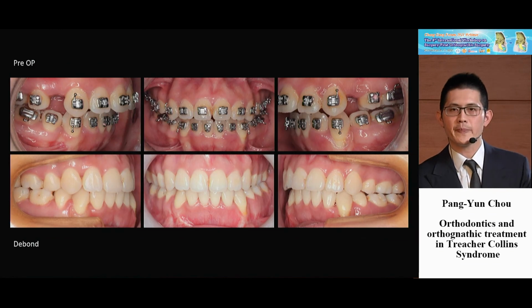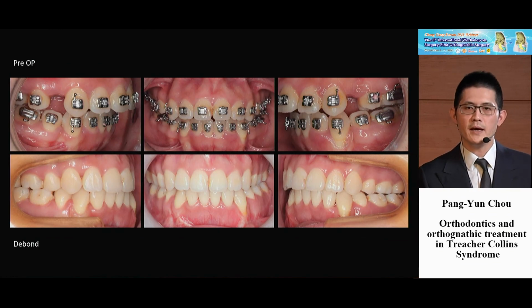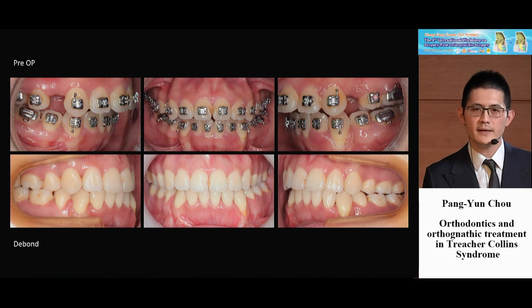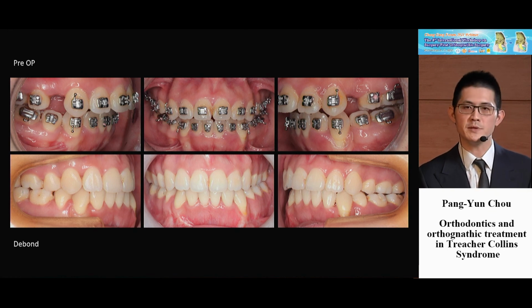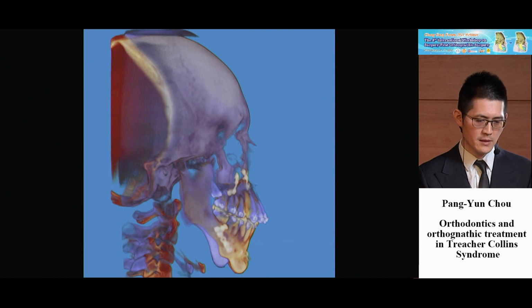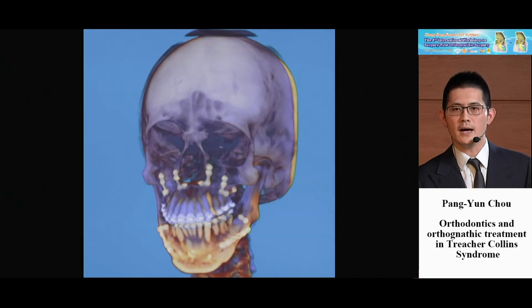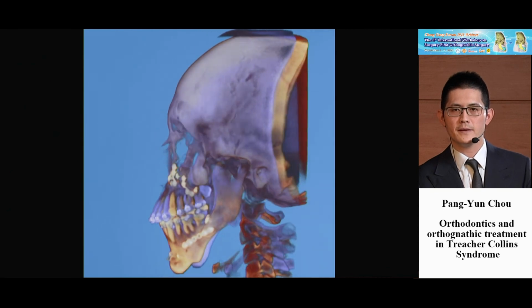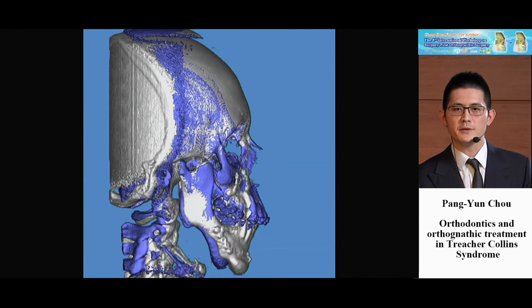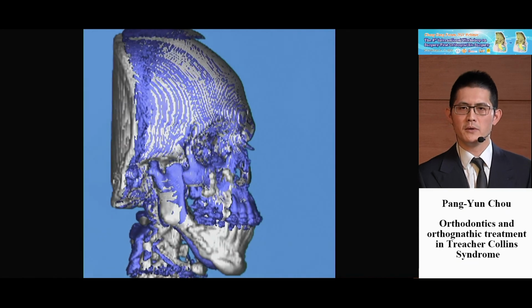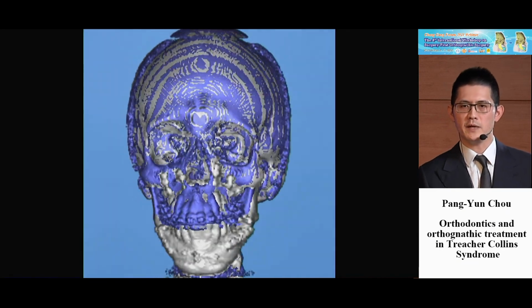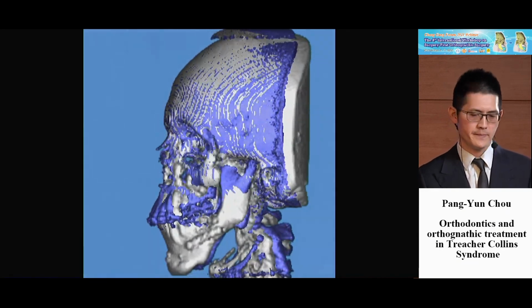So we can see again, pre-operatively and post-operatively, all of the changes in the patient with Treacher Collins syndrome. We can see the rotation pre and post. And as we can see in another view, how the mandible has changed as well.